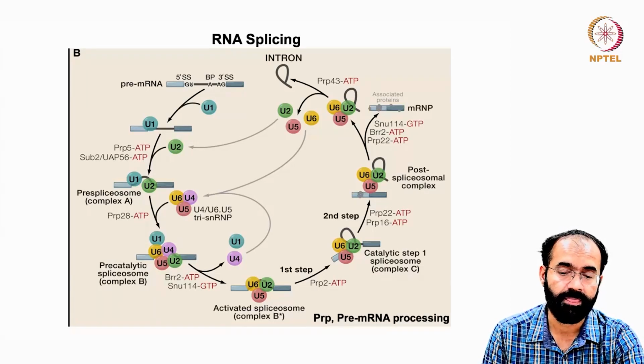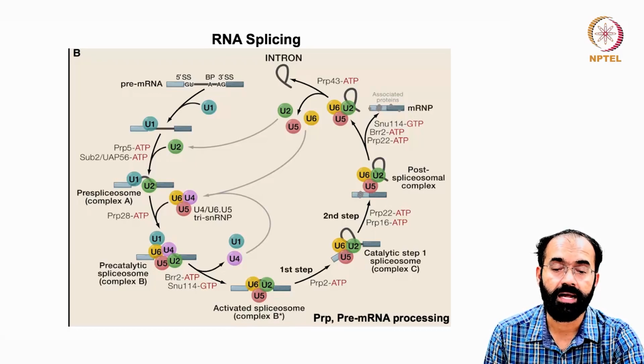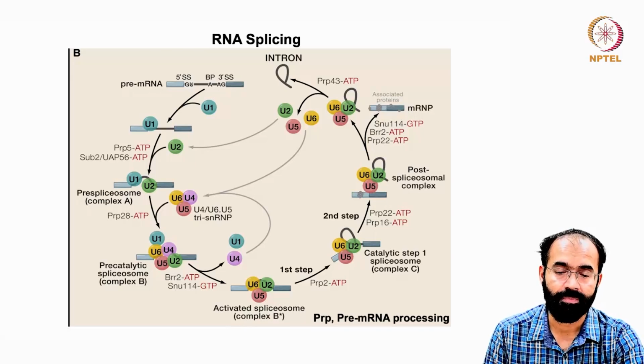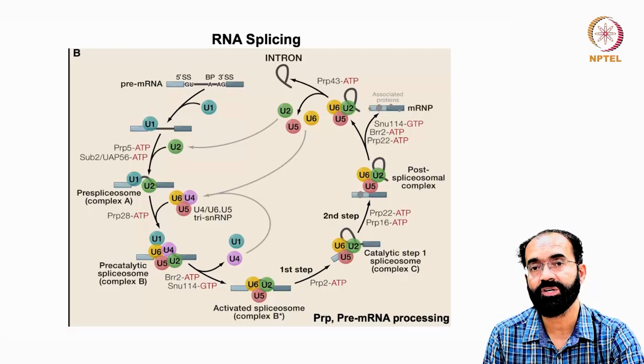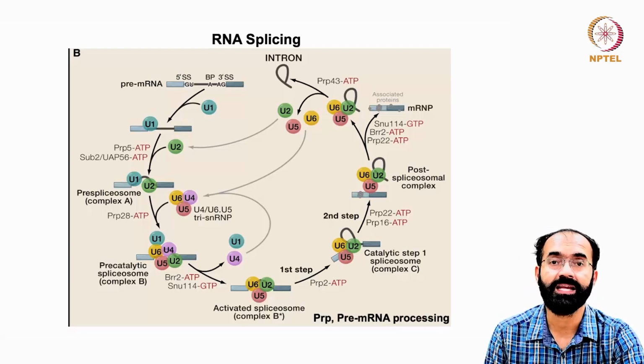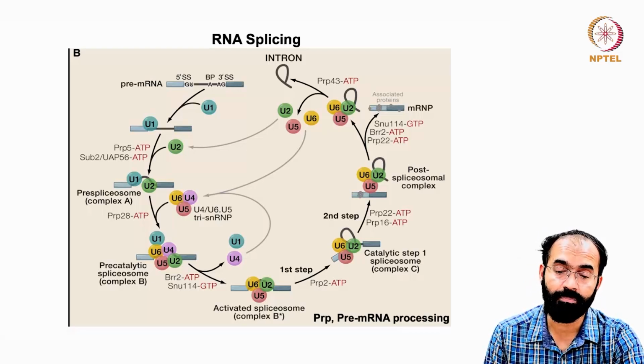At this stage there is SNU114 GTP, BRR2 ATP, PRP22 ATP. These molecules are involved and they release the mRNP. That is, quite a lot of proteins are still associated with the spliced exon-bearing RNA. That is why, instead of mRNA, we call it mRNP.